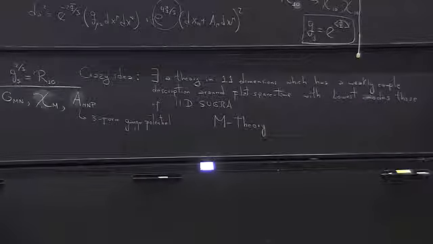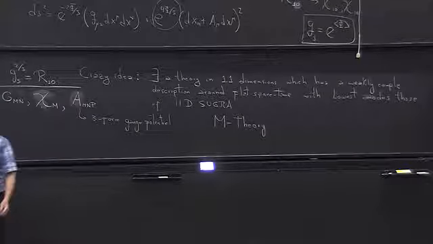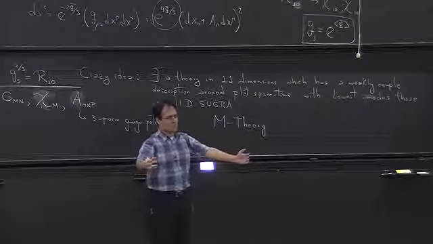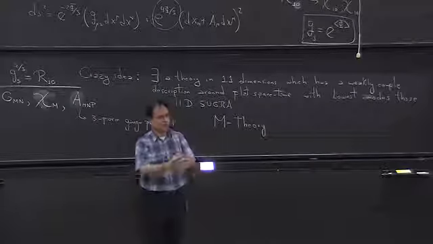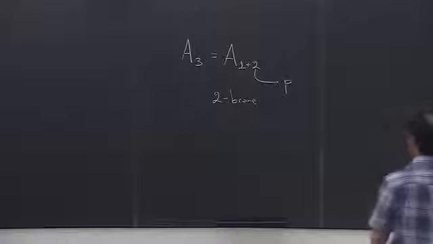But we agreed that we didn't want to write 3 as 3. We agreed that we wanted to write this as 1 plus 2, where this was the p, right? So this object couples to a two-brane. Well, but a two-brane is what we really call a membrane. This is a membrane moving in space-time.